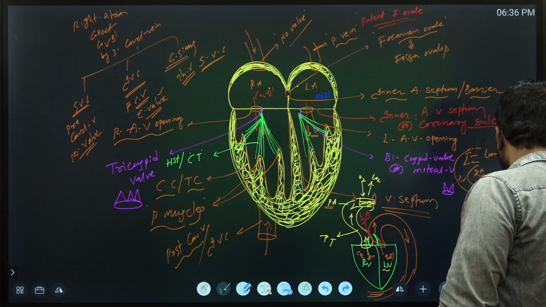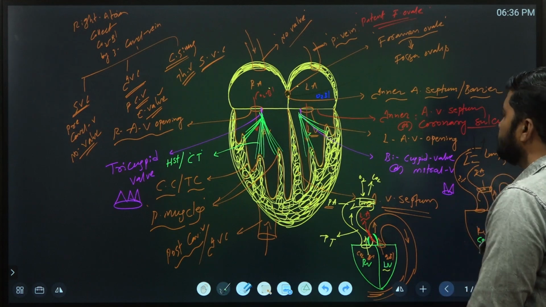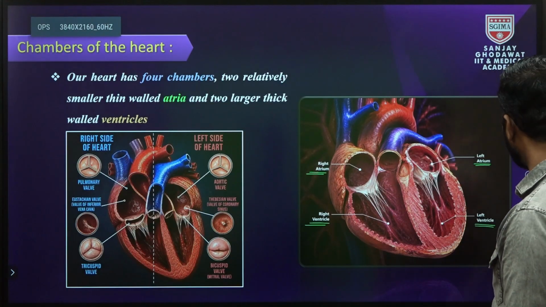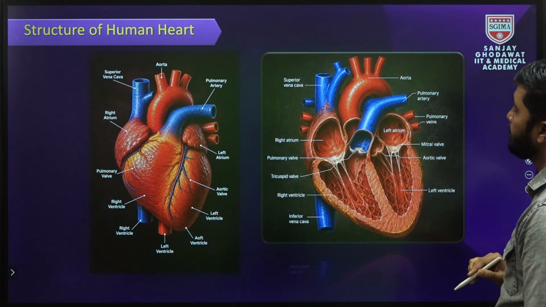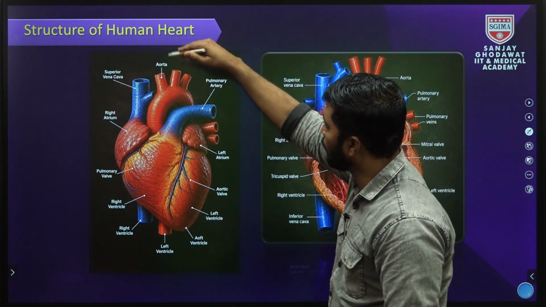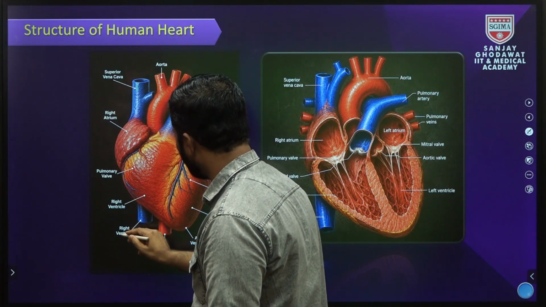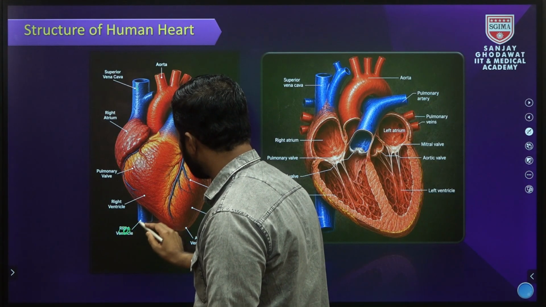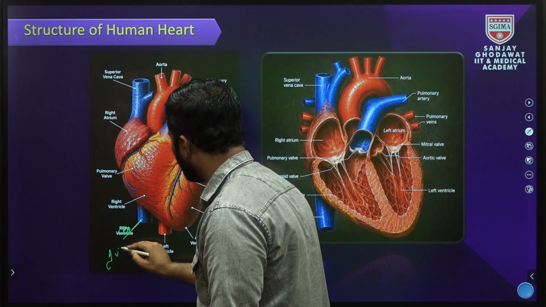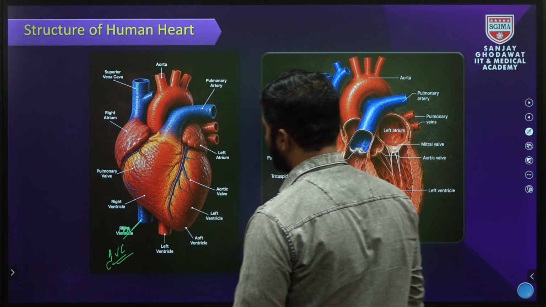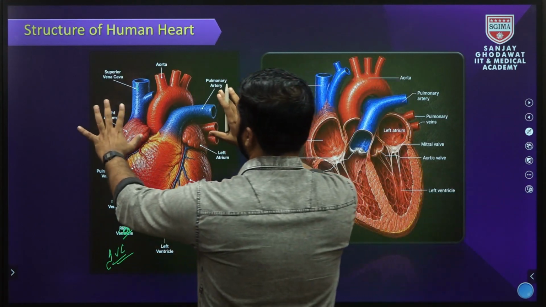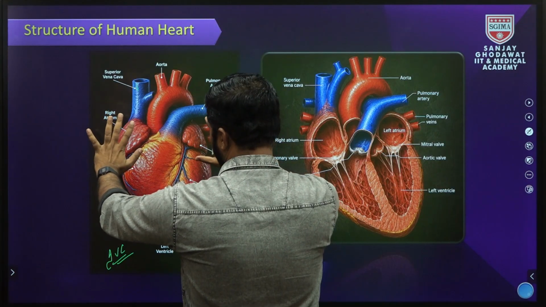And the next, if you take the structure, this is the external view: superior vena cava, inferior vena cava, and the right and left atria and ventricles.